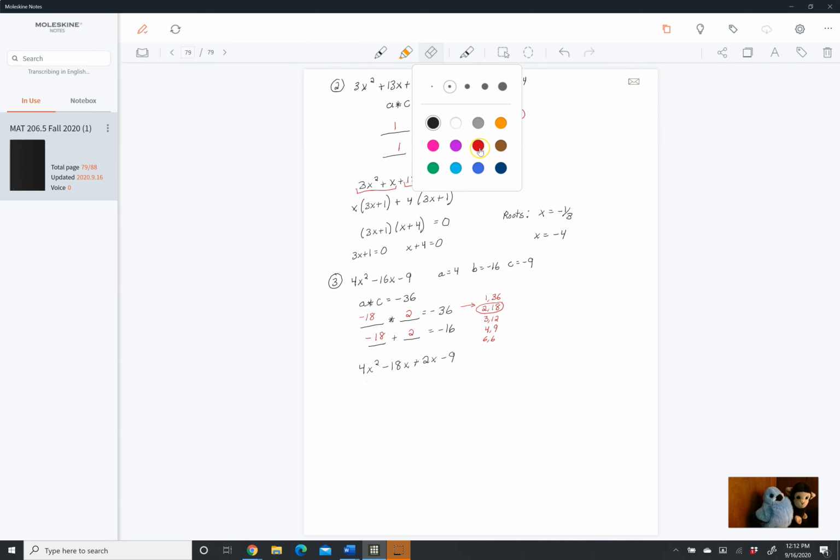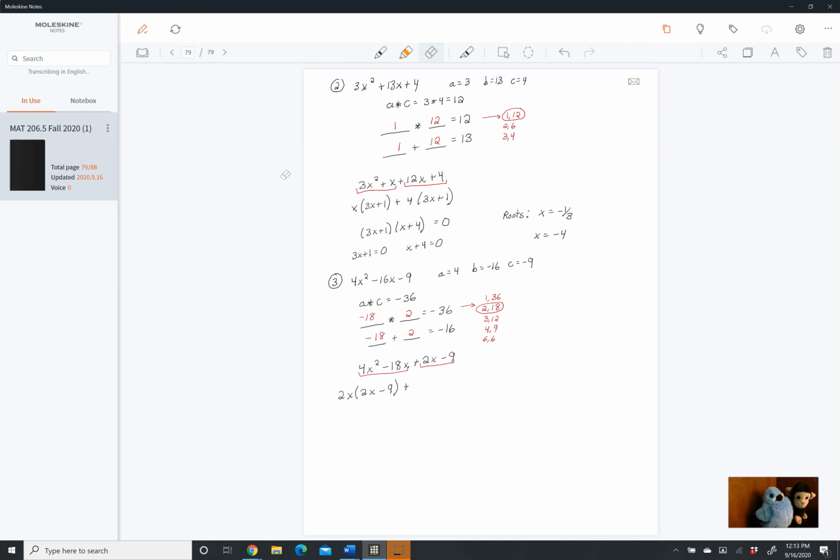We group it into terms, into pairs. We have 4x squared minus 18x, and then we have 2x minus 9. From the 4x squared minus 18x, we can pull out a 2x. And we're left with a 2x minus 9.